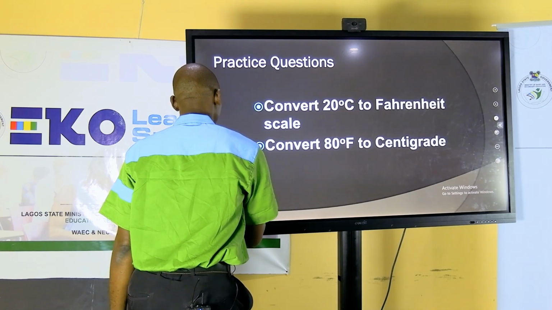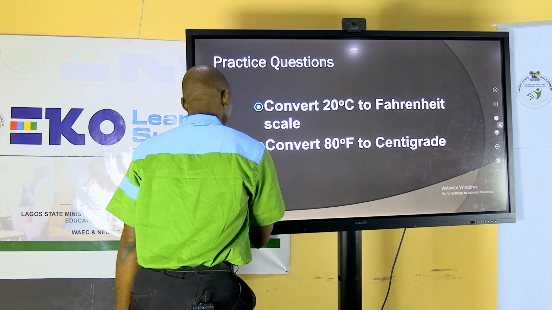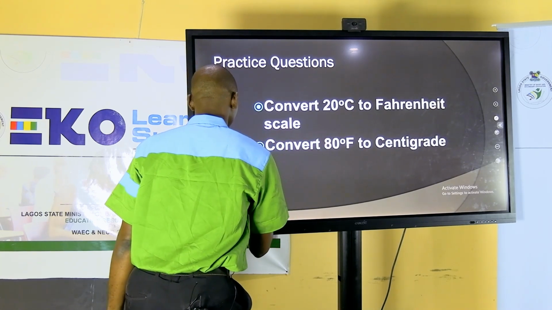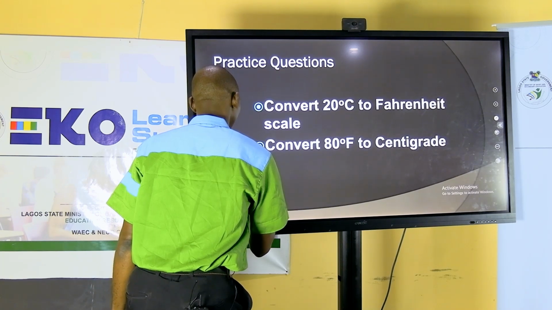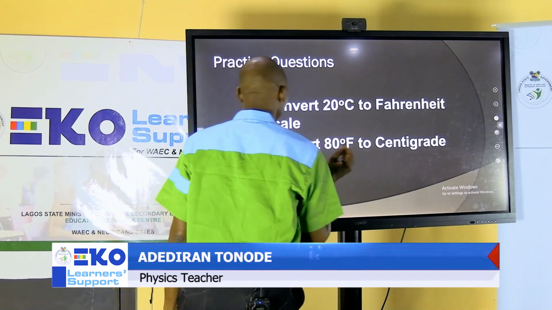So 100, 0, 212, 32. Then I have 20 degrees Celsius. I call this one X. I have 20, so I work between the two.